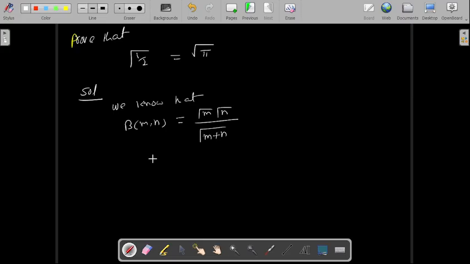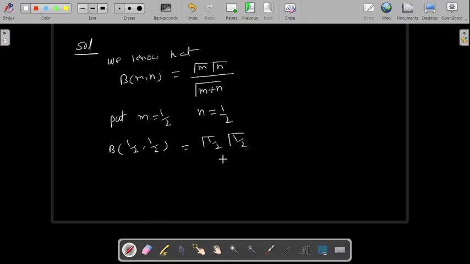In this, take or put m equal to 1/2, n equal to 1/2. So beta of 1/2 comma 1/2 equal to gamma 1/2 into gamma 1/2 divided by gamma of 1/2 plus 1/2.